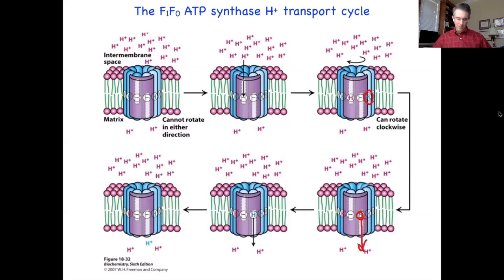And you can see basically what's happening is that a proton coming in to the half channel that's facing the matrix, right, allows it to be neutralized by protonating the aspartic acid residue, allowing it to be tucked away. It then rotates around the circumference, as the C ring rotates around, that proton then comes around eventually back over to the matrix facing half channel, where it's then released.